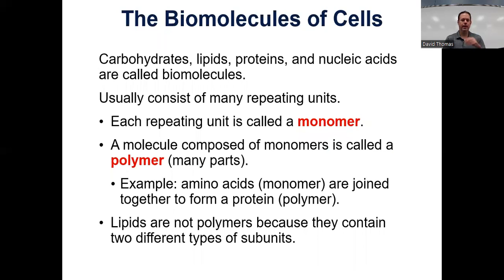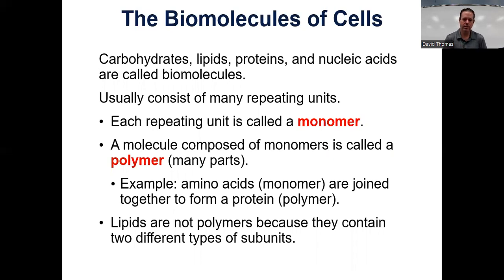Now, again, our focus really is carbohydrates, lipids, proteins, nucleic acids. One thing to realize is that these compounds mainly consist, especially the carbohydrates and proteins and even the nucleic acids, of individual units that all link together, all build together.